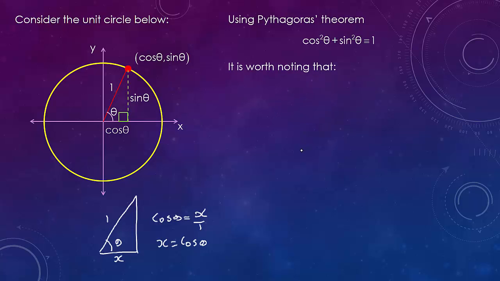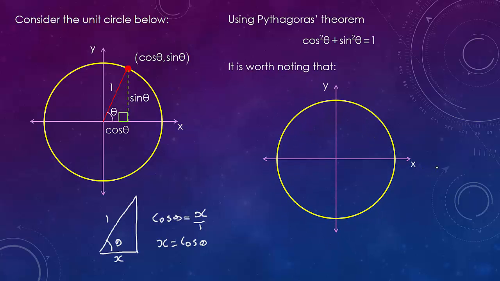It is worth noting that when we're here, cos theta, sine theta, but note the angle here straight along the x-axis is 0. This point also has coordinates 1, 0.